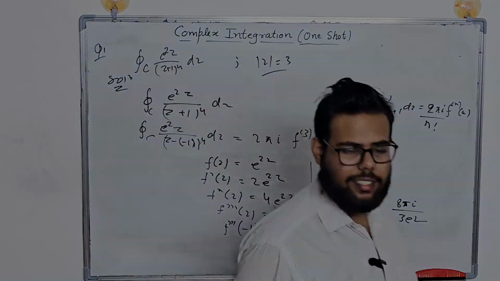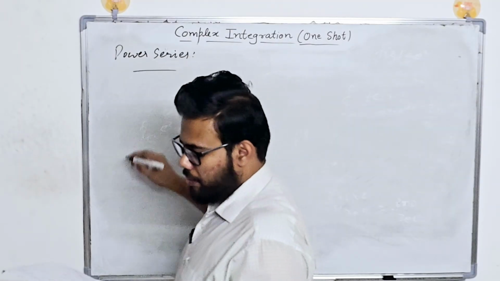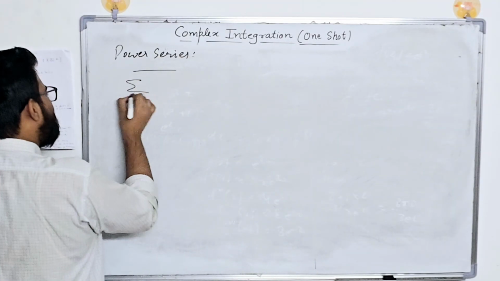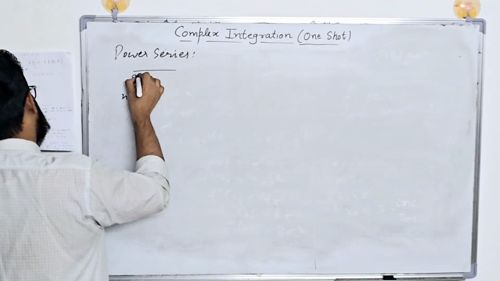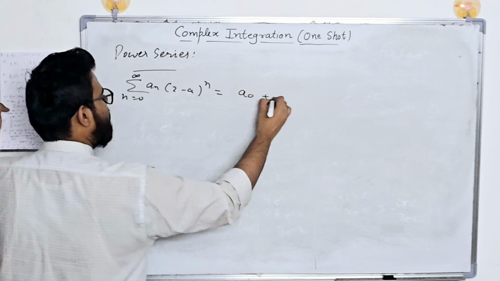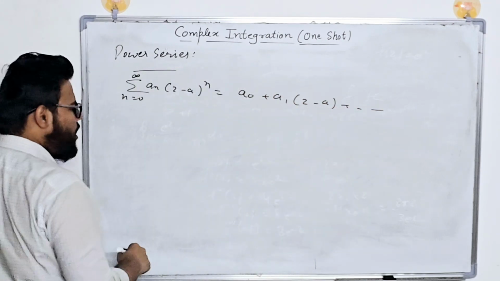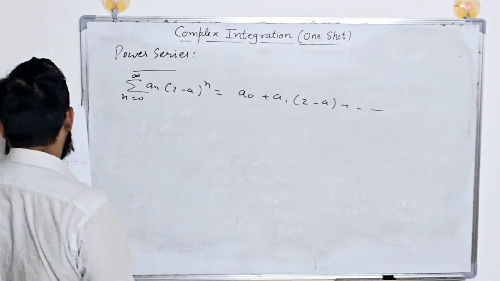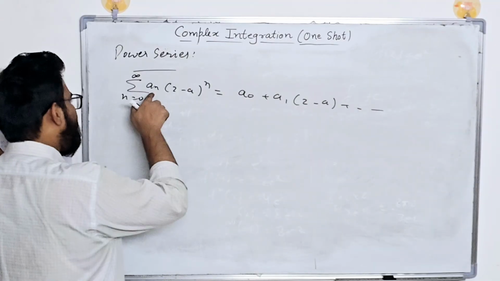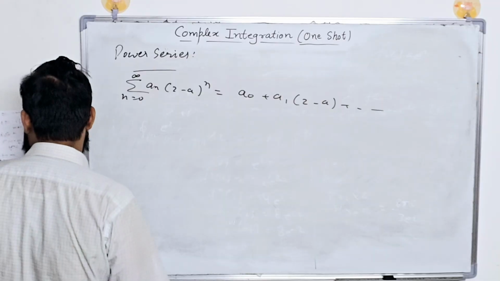Okay, so let's erase this. Power series, right? A series of this form is called a power series, a power series about z is equal to a, where a n and a are fixed complex numbers and z is a variable complex number, right?